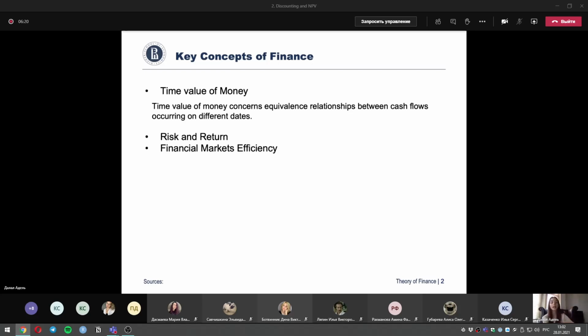And again, these reasons why $1 today is more valuable will guide us through this universe of different discount rates and how to find the correct discount rate for your particular case when you evaluate a particular asset.